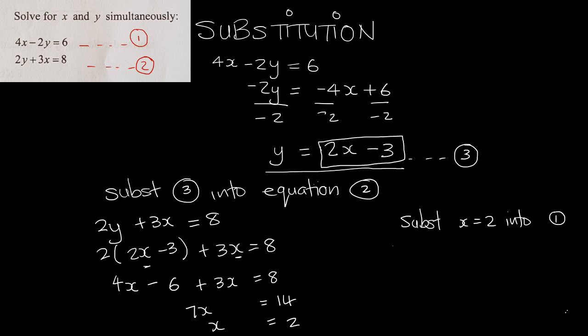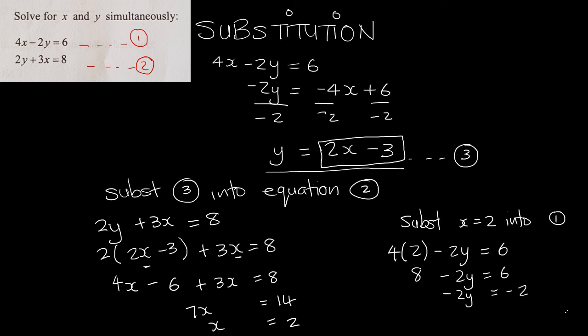So I'll have 4 times 2, because now x is equal to 2, minus 2y is equal to 6. So I'll have 8 minus 2y is equal to 6. So minus 2y is equal to, taking the 8 to the other side, minus 2.